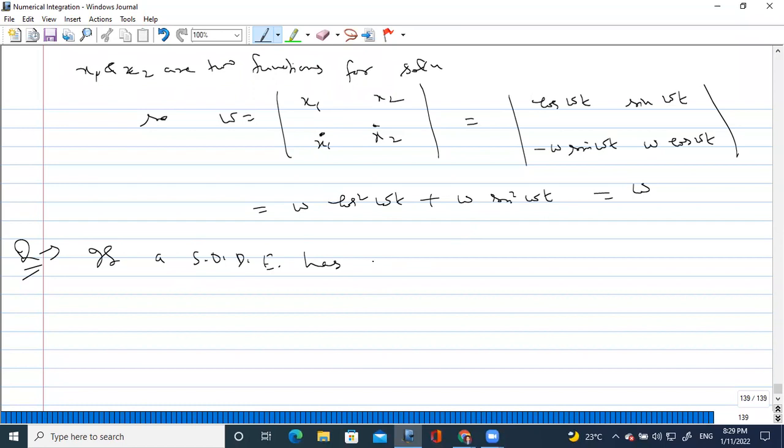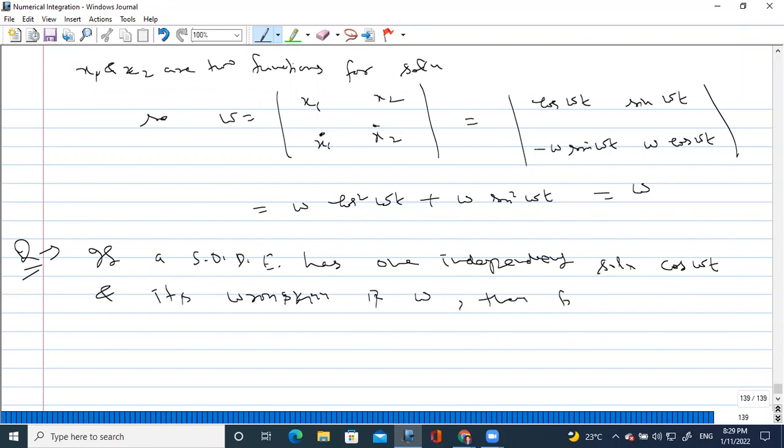If a second order differential equation has one independent solution cos omega t and its Wronskian is omega, then find the second independent solution. Okay, that is the question.